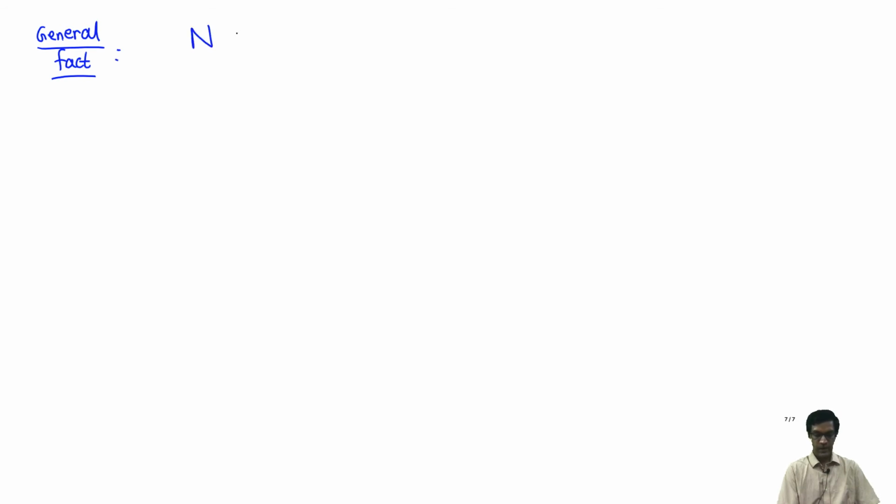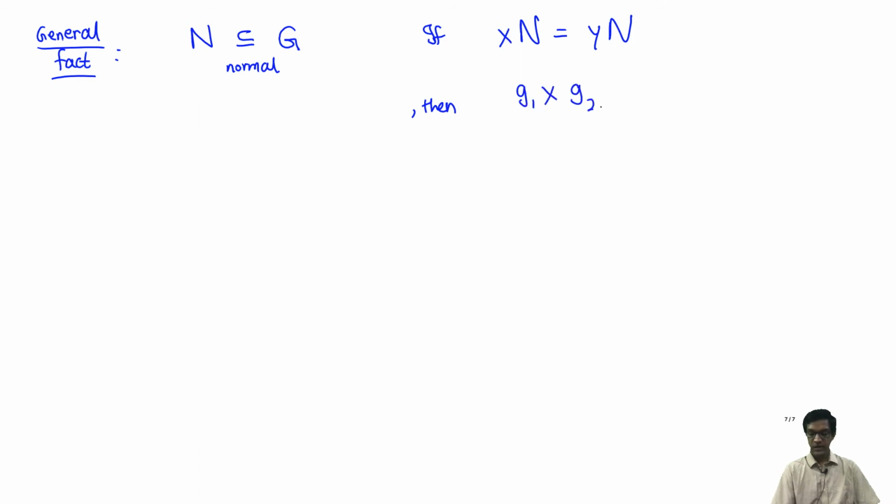So suppose I have N, which is a normal subgroup of G, and suppose x and y are two elements of the group which have the same coset modulo N. Then I can hit x on the left and on the right by some two group elements, and g1 x g2 will have the same coset as g1 y g2, for all g1 and g2 in my group G.